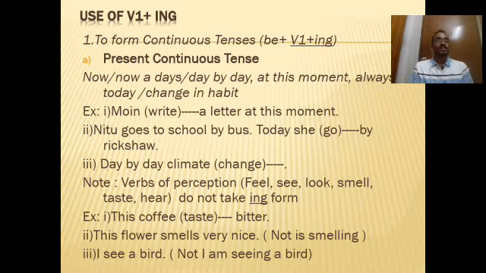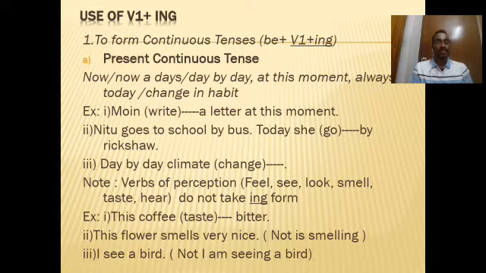We have to keep in mind that there are some verbs of perception. What are the verbs of perception? Verbs of perception are those verbs that we feel through our 5 senses. Feel is related to our skin. See is related to our eye.